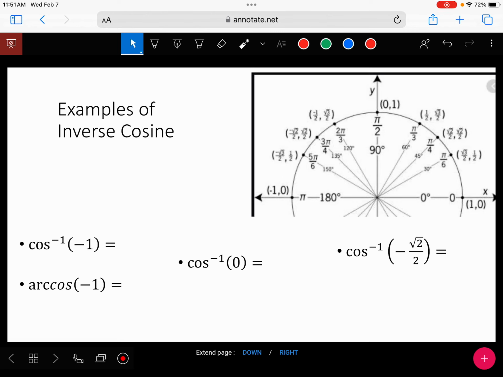Use your own unit circle if you're having trouble seeing the screen.